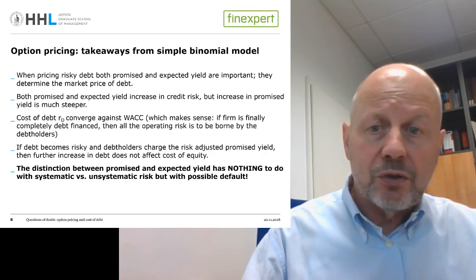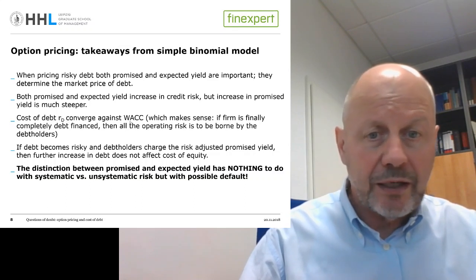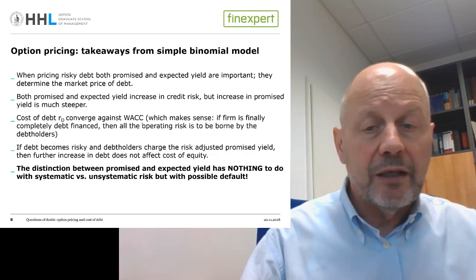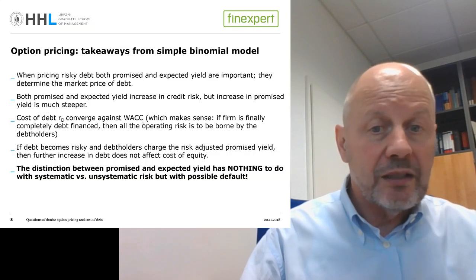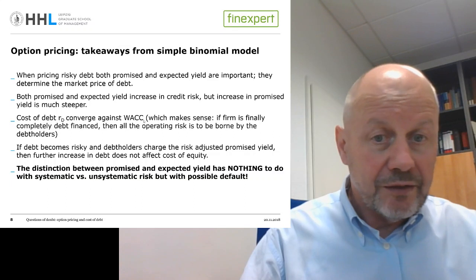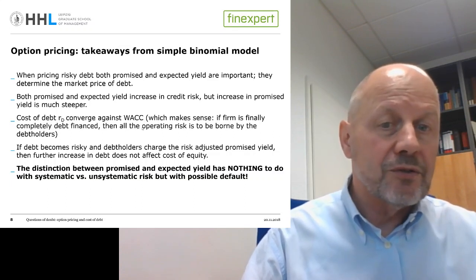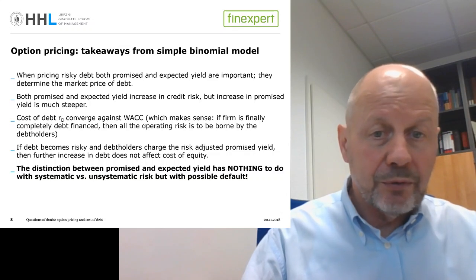We have also addressed that the cost of debt is converging against the WACC, and that this makes sense because if the firm is risky and produces a certain operating risk, then if the firm is at the end of the day completely debt financed, the debt holders own the total operating risk of the firm.